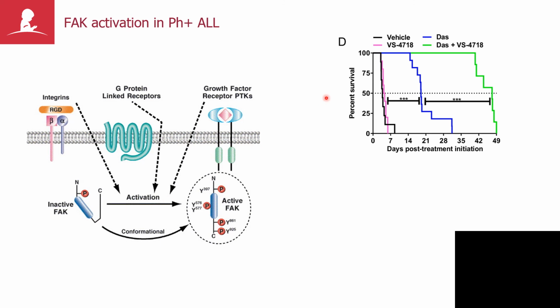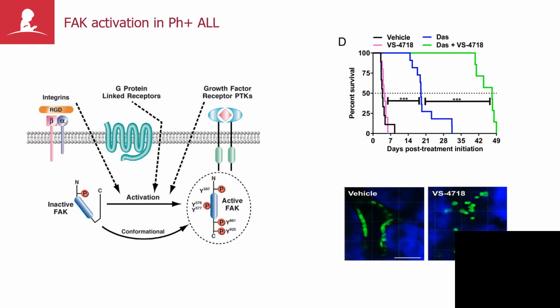And we see if we co-treat leukemias that are Ikaros mutant with dasatinib plus a FAK inhibitor, we can markedly prolong survival of inoculated mice, and we can completely reverse this aberrant adhesive phenotype in vivo. So these are very encouraging data that there may be ways to further improve TKI responsiveness in Ikaros mutant leukemia.